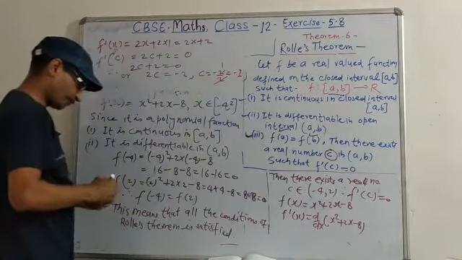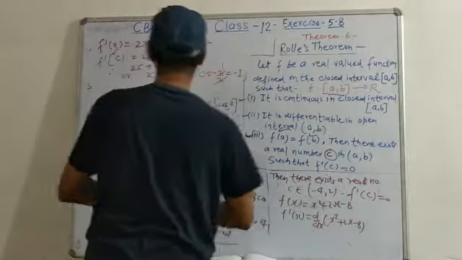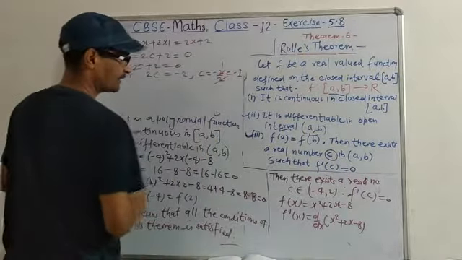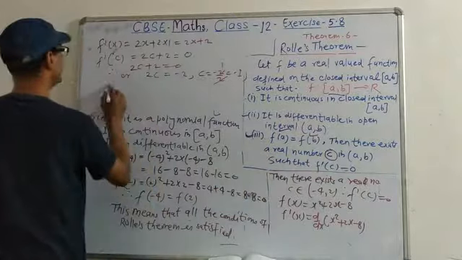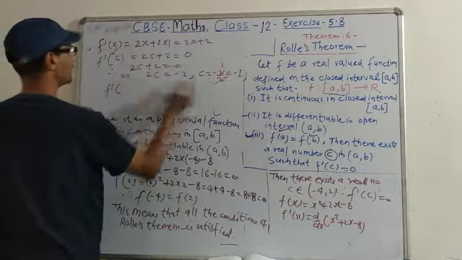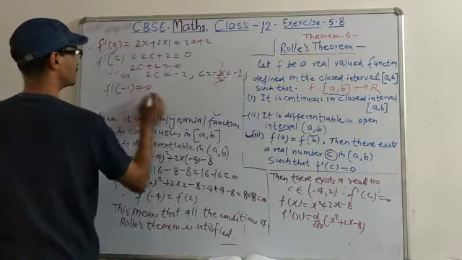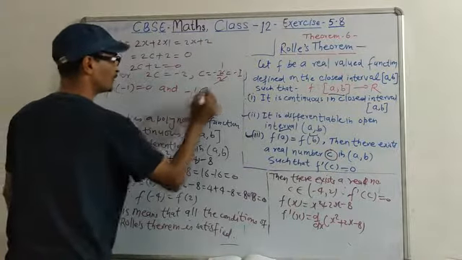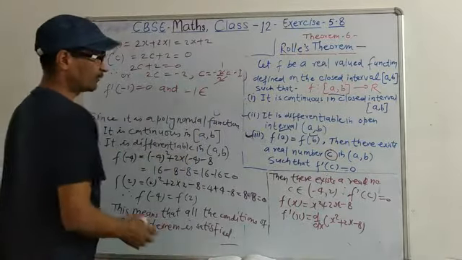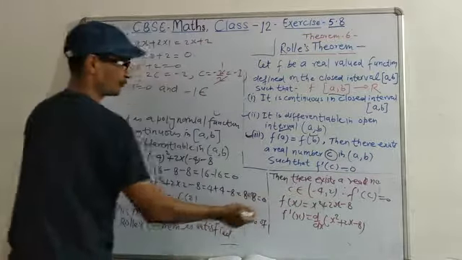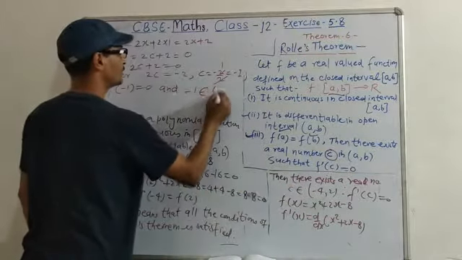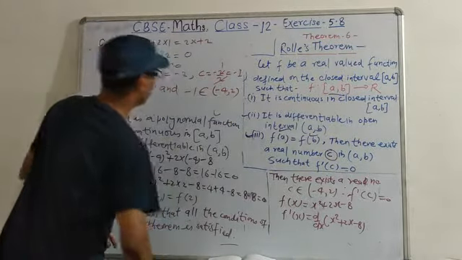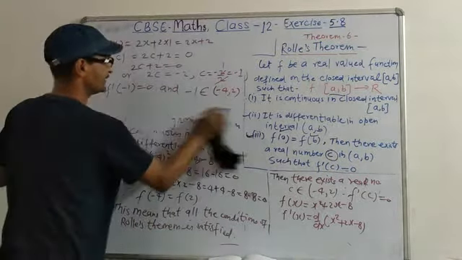So the value of c is minus 1, and f dash c is 0. This minus 1 belongs to the open interval (-4, 2).